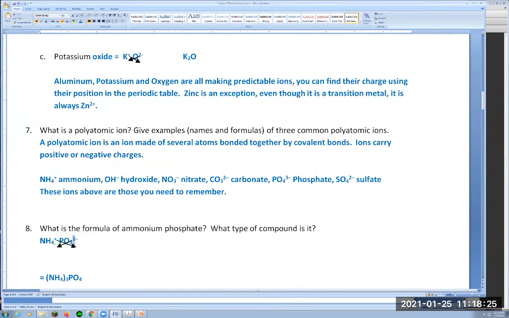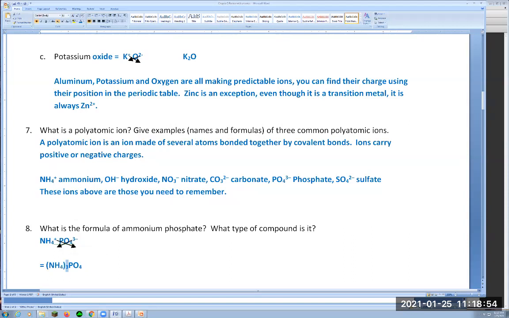And whenever you have more than one polyatomic ion, you need to use parentheses. Notice how we do not use parentheses when you have only one of the phosphate. Only one of a polyatomic ion doesn't require parentheses. But if you have more than one, then you have to have parentheses around the polyatomic ion symbol, and then a subscript to the right of the parentheses to say how many of that polyatomic ion you have.